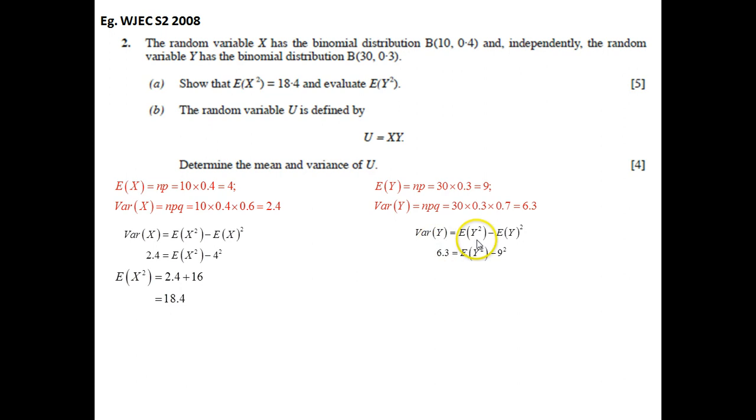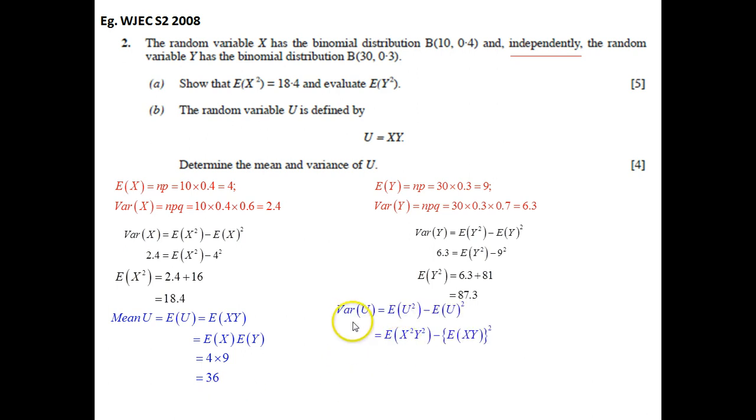Variance of y is E of y squared minus E of y all squared, put in what I know, rearrange, and I get E of y squared being 87.3. So the mean of u, being as they're independent, I can multiply them, and I get 4 times 9, which is 36.